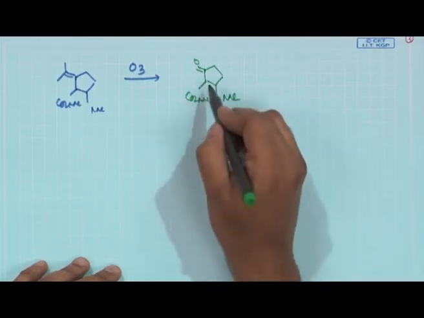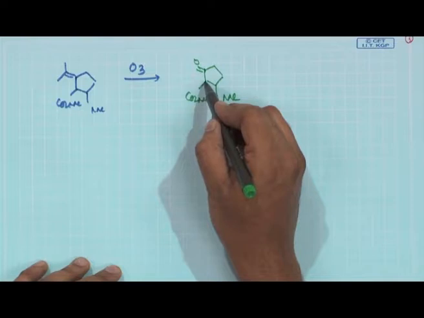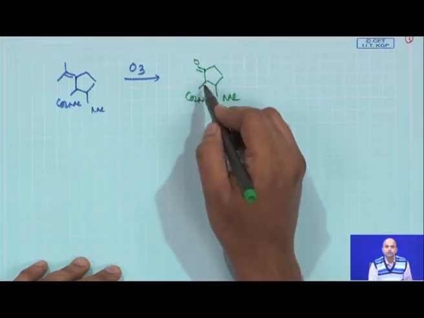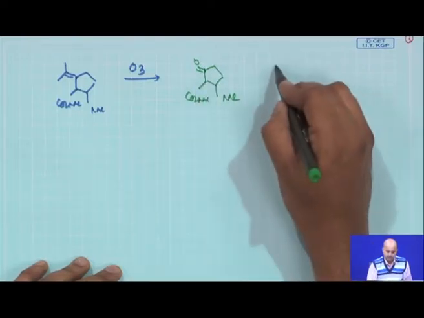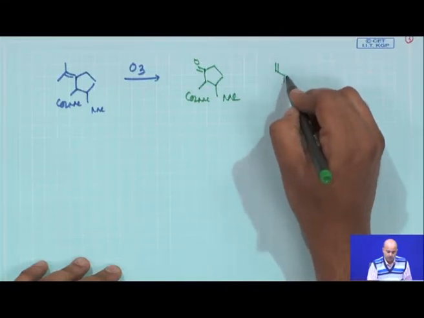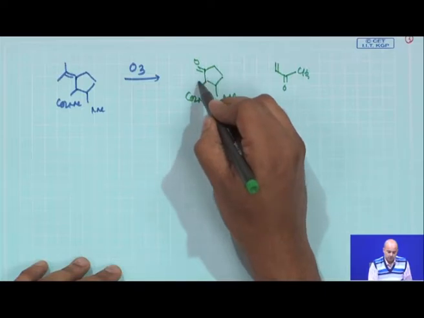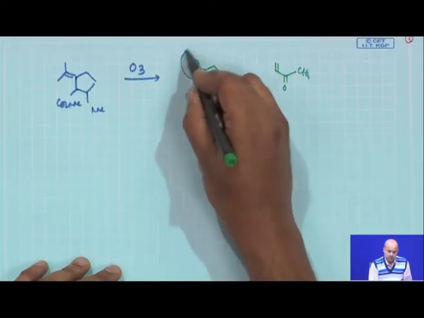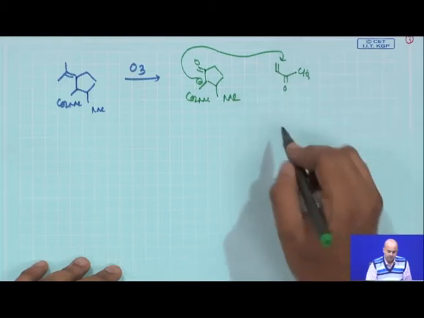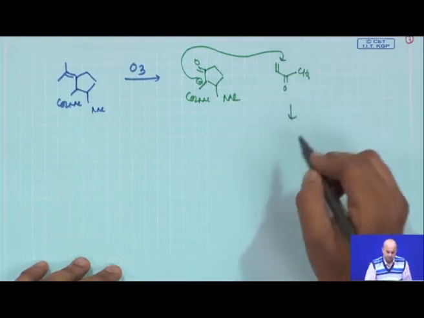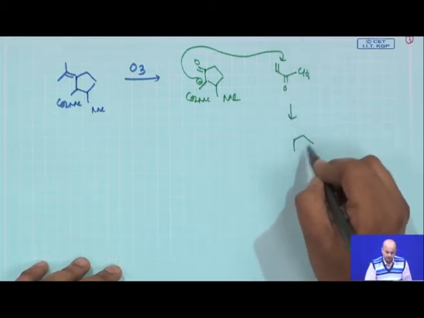Now, beta keto esters are very good substrates for Michael addition. So, now you have methyl vinyl ketone. This carbanion can be easily generated and reacts here.